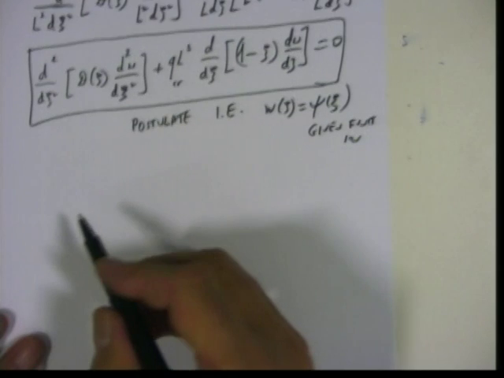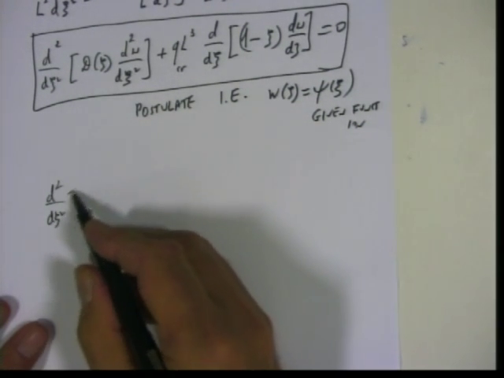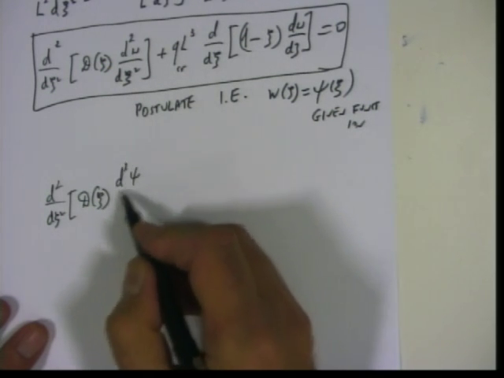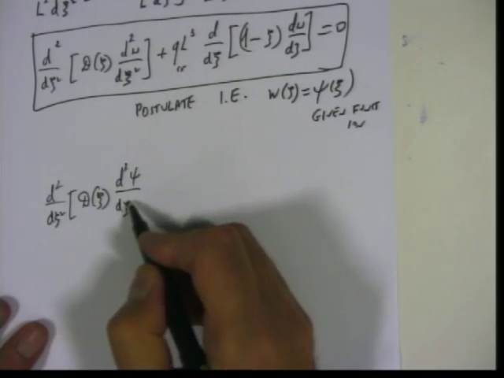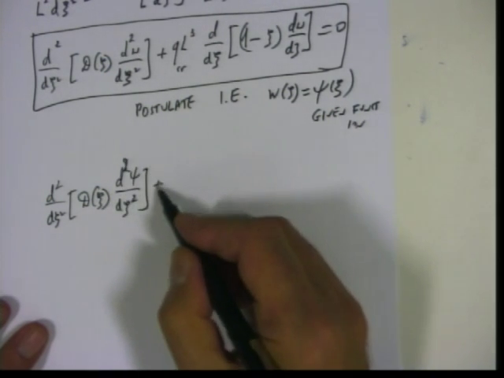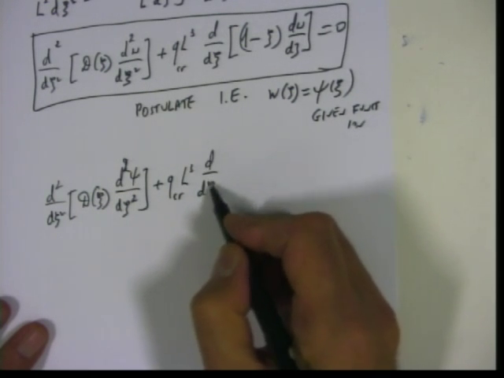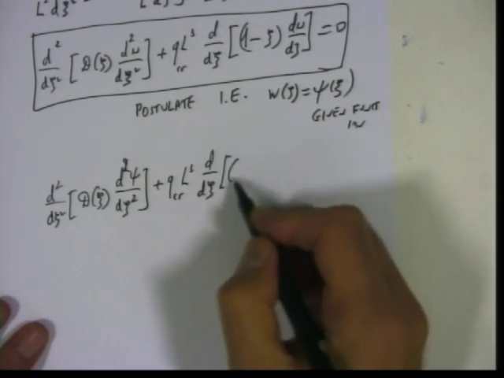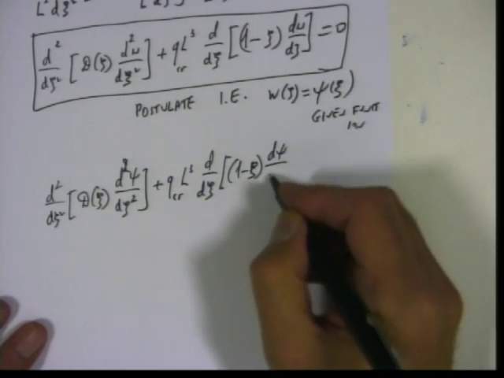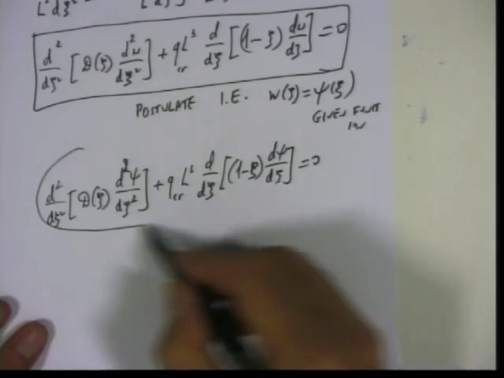So I just substitute and I get as follows: d2/dpsi2 of (psi) d3phi/dpsi3... d2phi/dpsi2 plus q critical L cubed d/dpsi of (1 minus psi) dphi/dpsi equals 0.